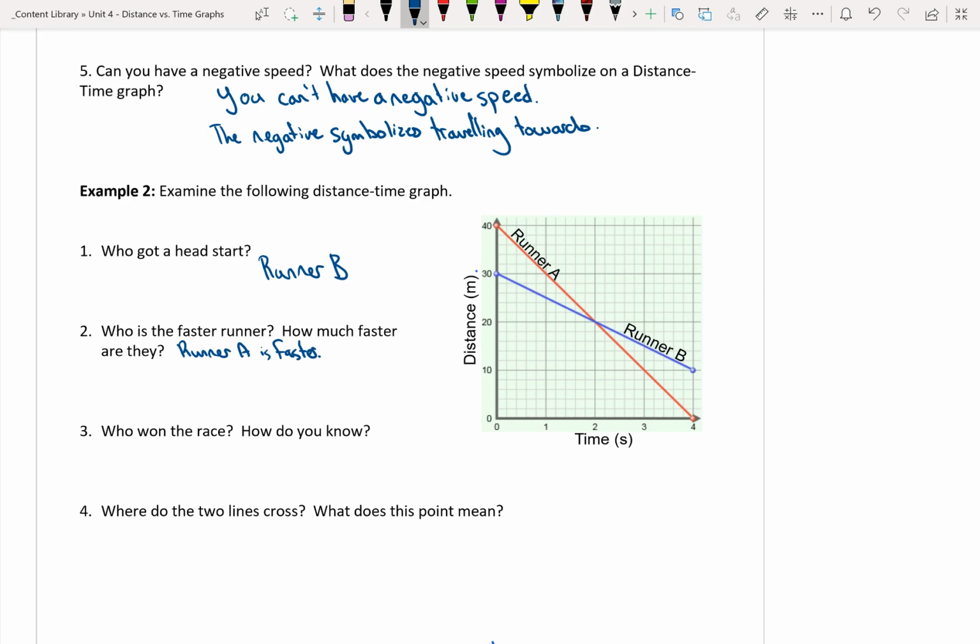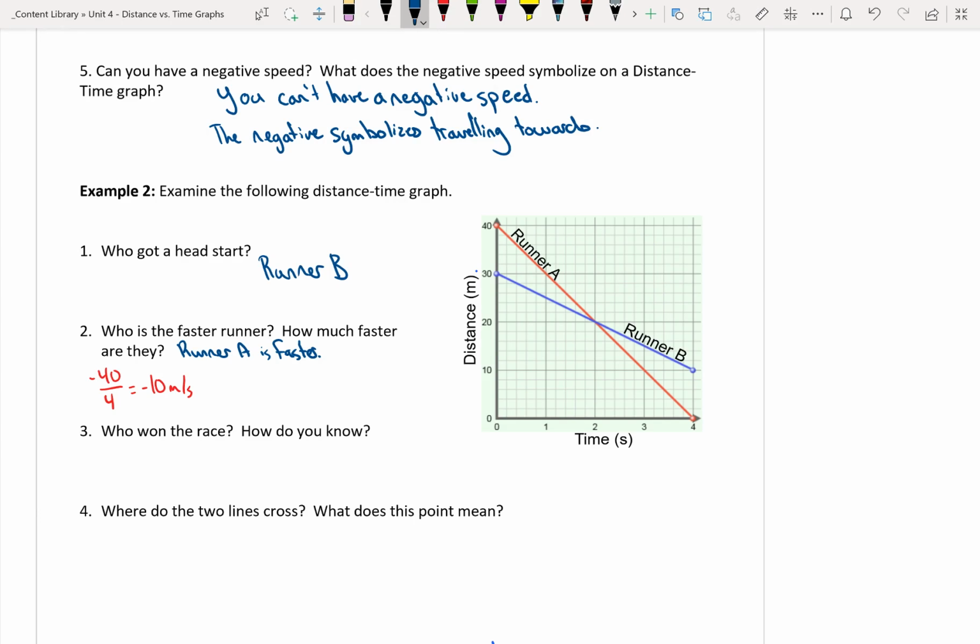But we want to know how much faster is runner A. So let's look at each section and figure out the speed. Runner A, we'll do in red, traveled from 40 meters to 0. So you could say they traveled negative 40 meters for that section, and it took them 4 seconds. So we're looking at negative 10 meters per second. But again, the negative is only indicating direction in this case.